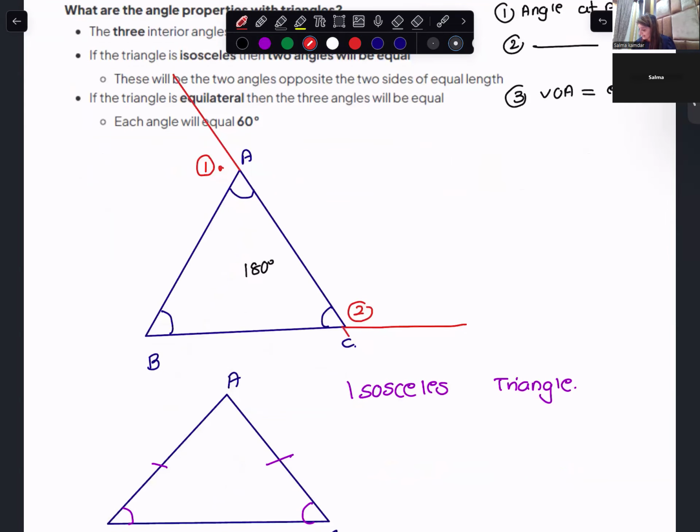Let's take the exterior angle over here. This is interior, this is exterior, number 3. This is interior, this is exterior, number 4. This is interior.